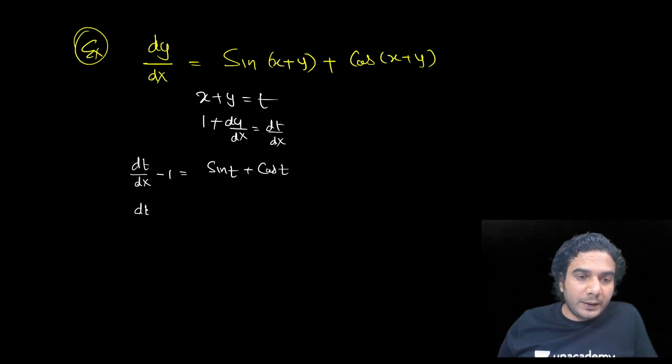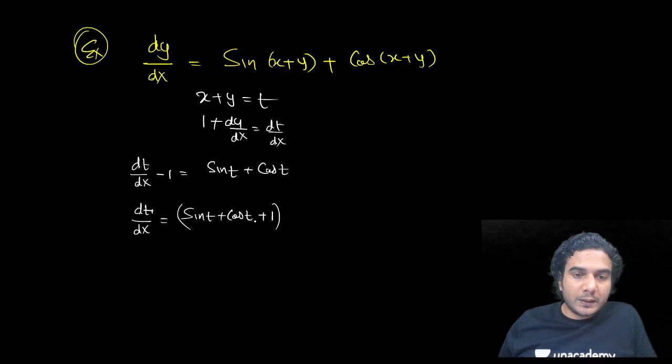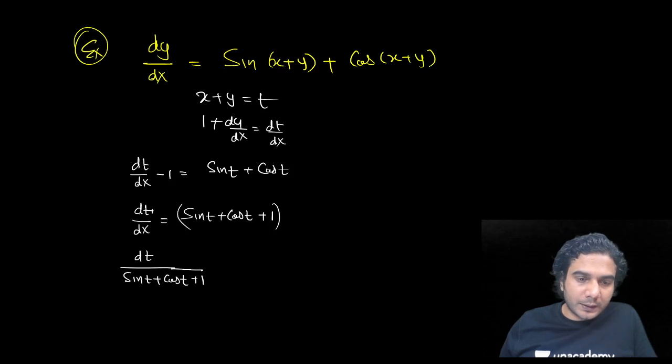So it will become dt upon dx is equal to sine t plus cos t plus 1. Alright, and now you can see you can separate it. So this is going to be dt upon sine t plus cos t plus 1 is equal to dx.